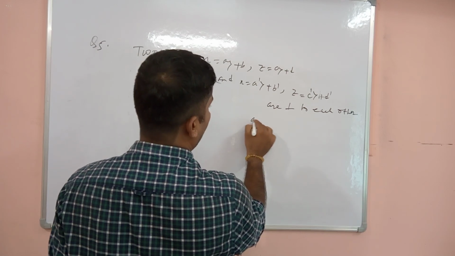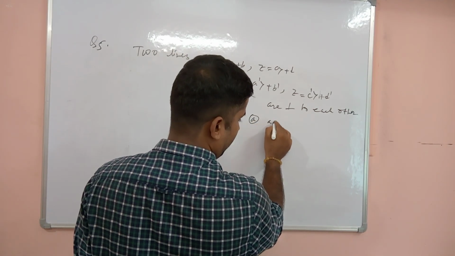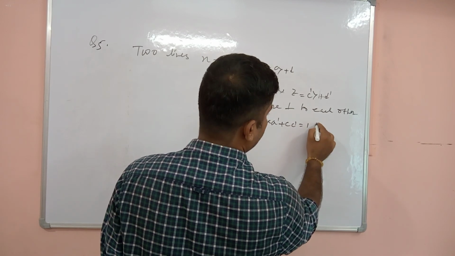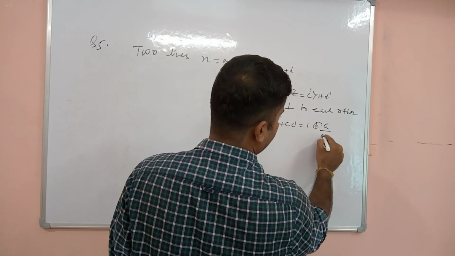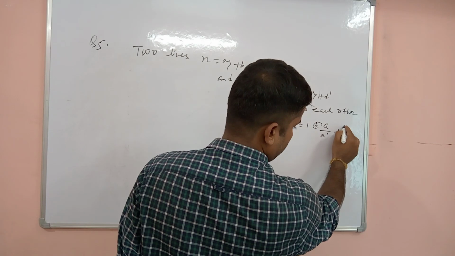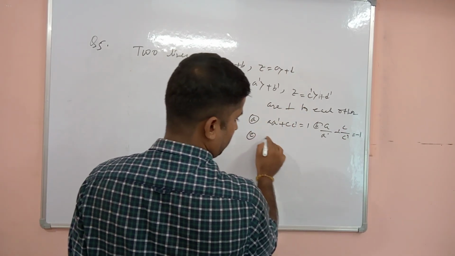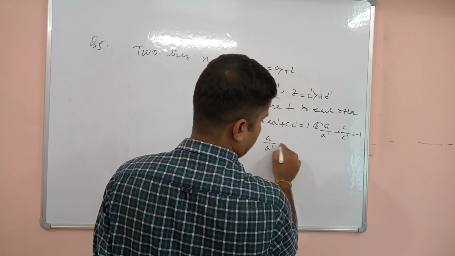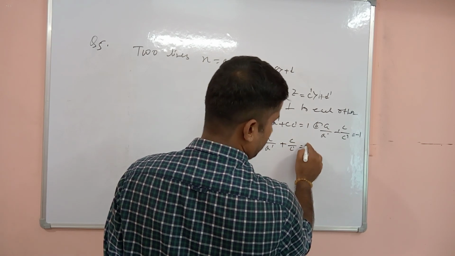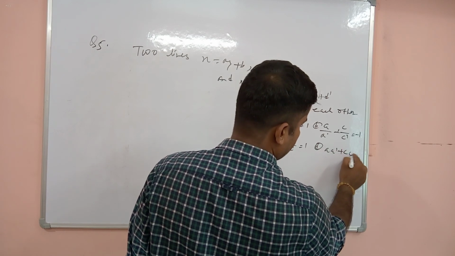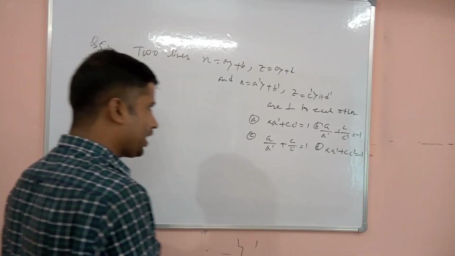Then options are: a, a a dash plus c c dash is equal to 1; b, a by a dash plus c by c dash is equal to minus 1; c, a by a dash plus c by c dash is equal to 1; d, a a dash plus c c dash is equal to minus 1.